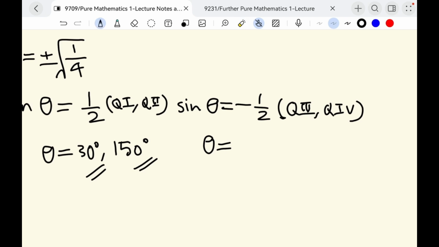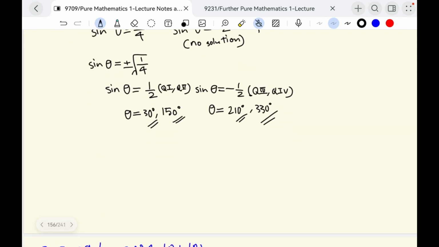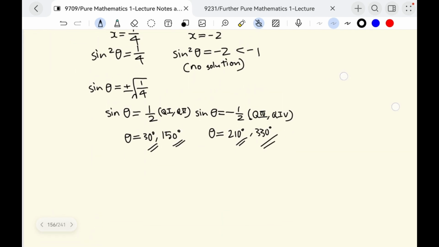So for this theta, it is literally 180 plus 30 for the third quadrant, which is 210 exact value by right. For the quadrant 4 is 360 minus 30, 330. So hence, this equation has 4 solutions of the angles, which is 30 degree, 150, 210, and 330.